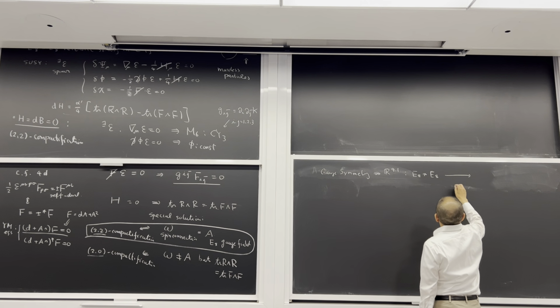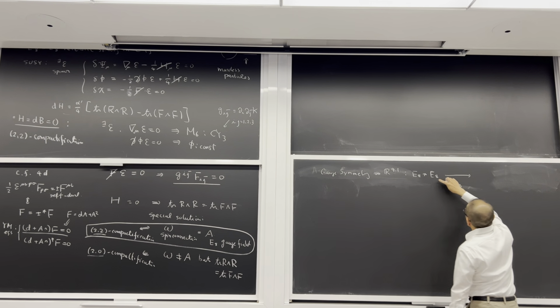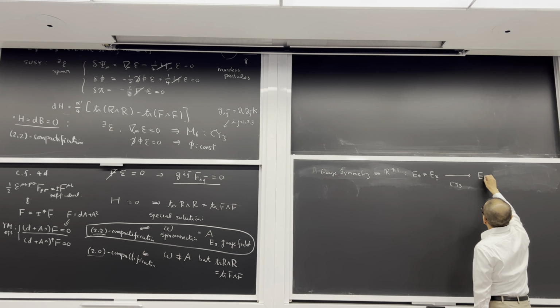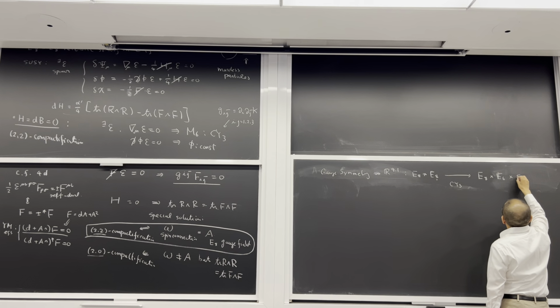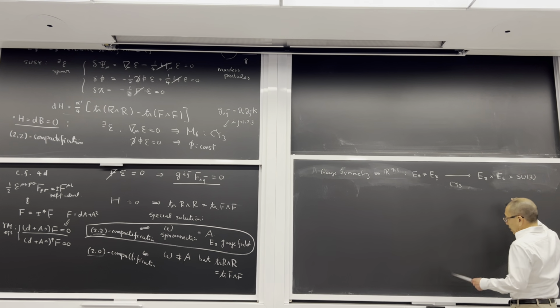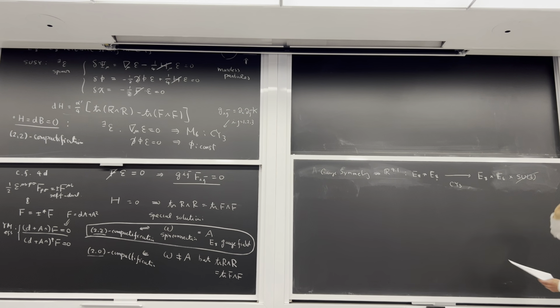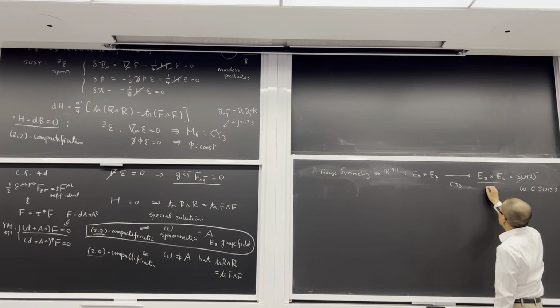But by compactifying on Calabi-Yau 3-fold, one of the E8 is decomposed into E6 times SU(3), and the SU(3) part is broken by the fact that omega takes value in SU(3). So it's like the Higgs mechanism, where the background breaks the symmetry. So therefore, this is a gauge symmetry.